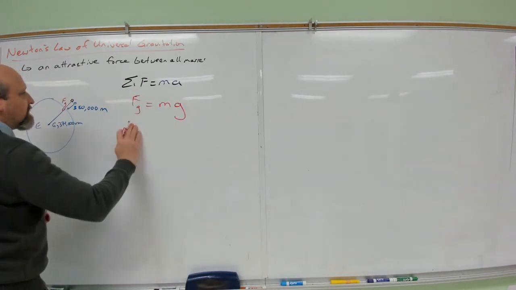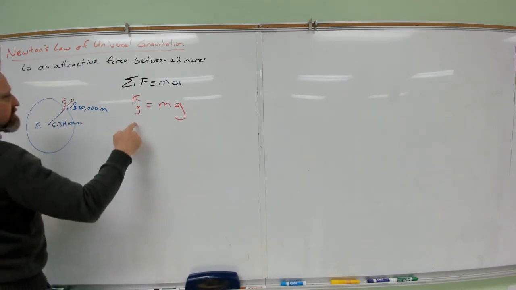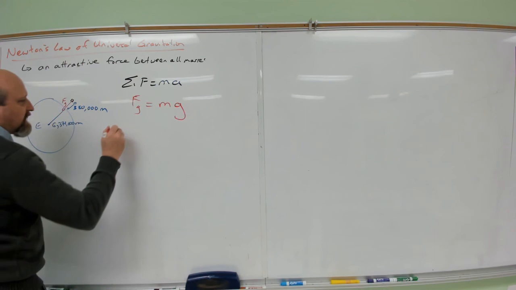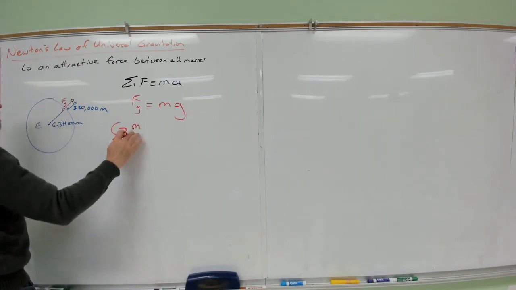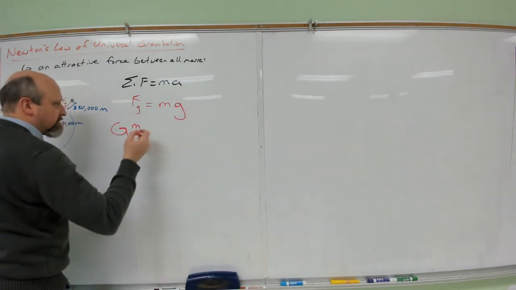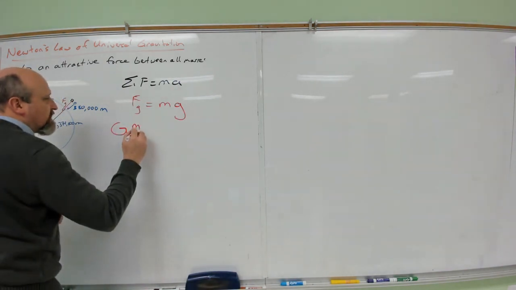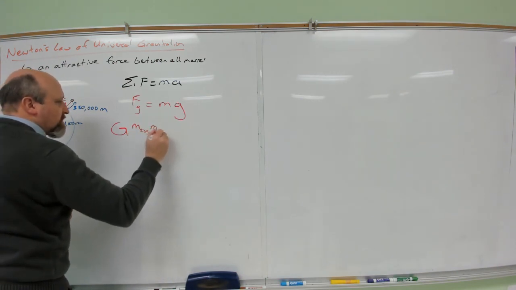Take a look at this. For the gravitational force, we're going to pull out Newton's law of universal gravitation: big G m1 m2 over r squared. Our masses are the mass of the space station, the ISS, and the mass of the Earth.